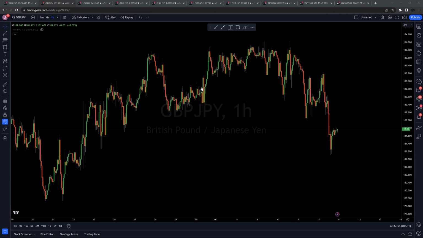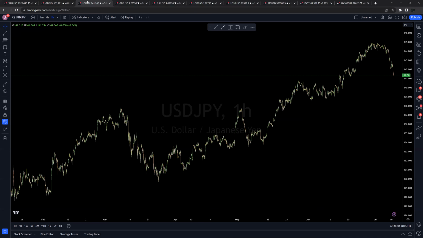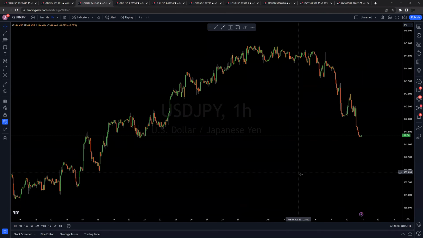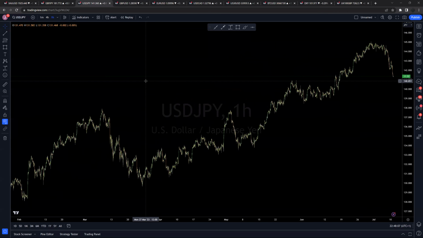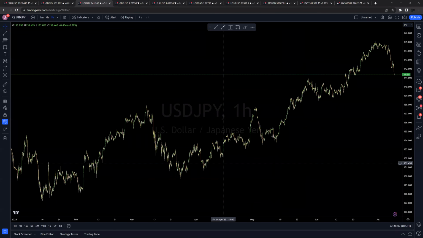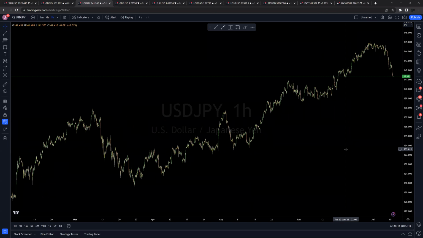The price anatomy between bullish and bearish structure is always night and day different. It's obviously a lot easier to just be playing with the trend, but you're not always going to be trending from our perspective as a manual retail trader.